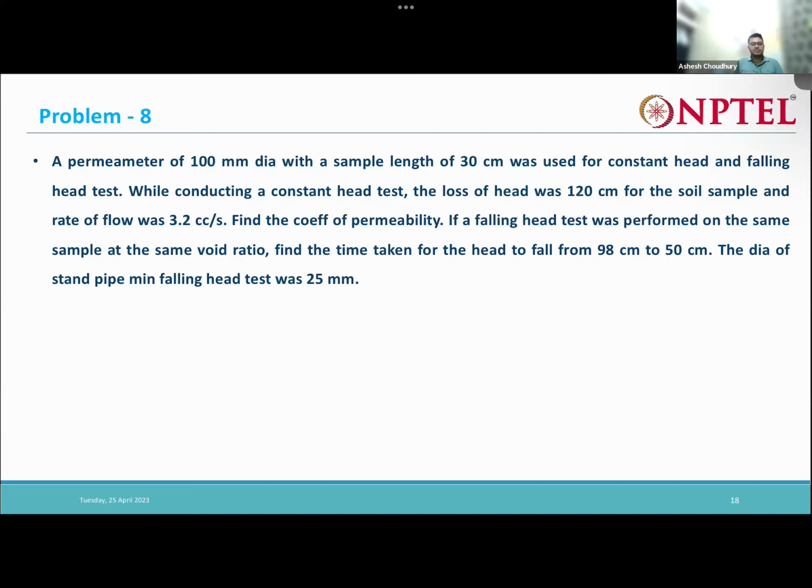This problem 8 is from one of the permeability tests, the falling head and the constant head test. We also studied seepage force. When there is upward flow, the seepage pressure reduces the effective stress.